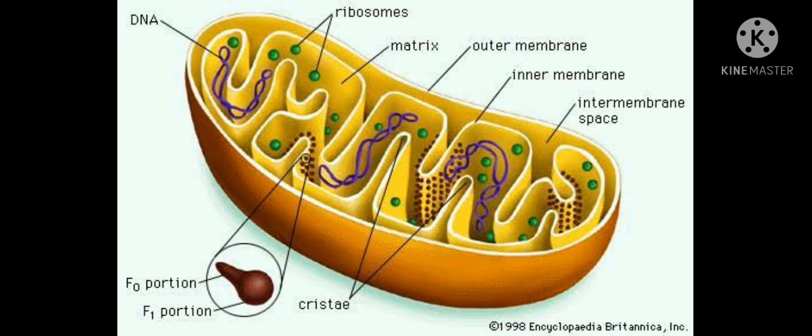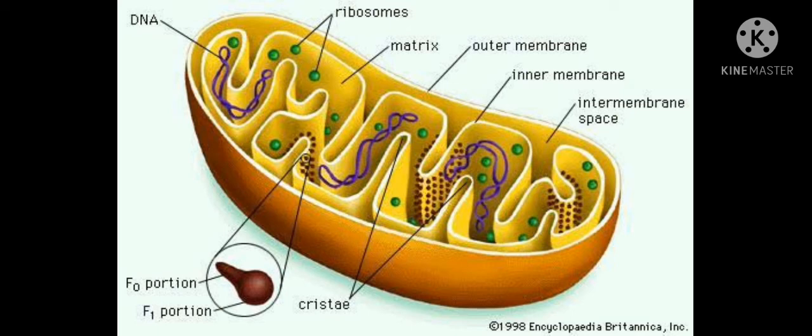They have their own DNA and their own ribosomes, meaning they can synthesize protein as well as replicate with DNA, just like a prokaryotic cell. So the scientist Margulis said that mitochondria are prokaryotic cells which live symbiotically in eukaryotic cells. So we can say that the mitochondrion is a cell within a cell organelle.